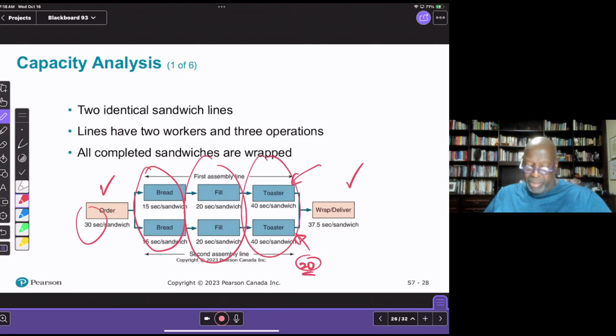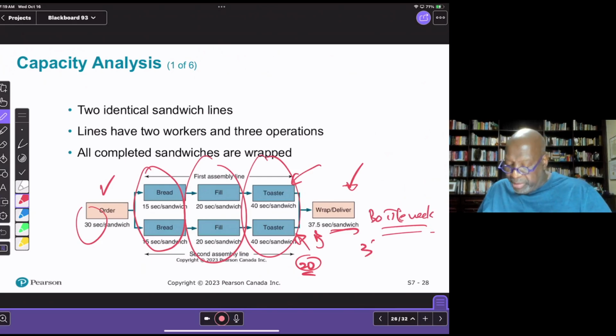Then 20 seconds becomes the limit of that assembly line sub-facility. But that 20 seconds is actually smaller than the 37.5. So really the wrapping and delivery section is your bottleneck. It means that every 37.5 seconds you're going to get a sandwich.